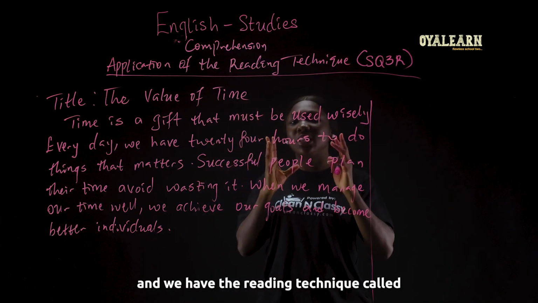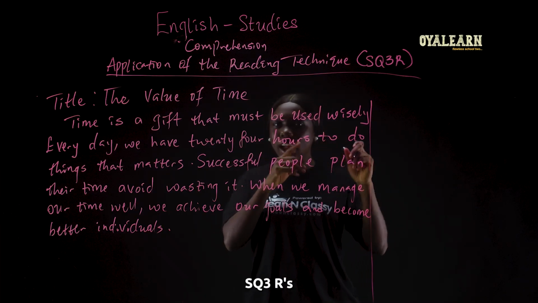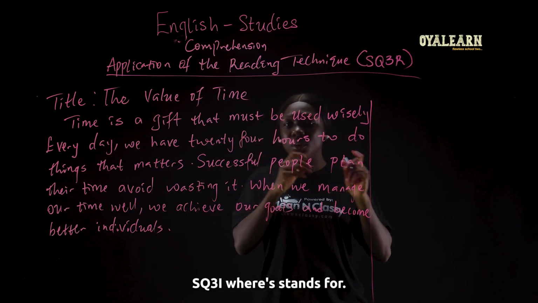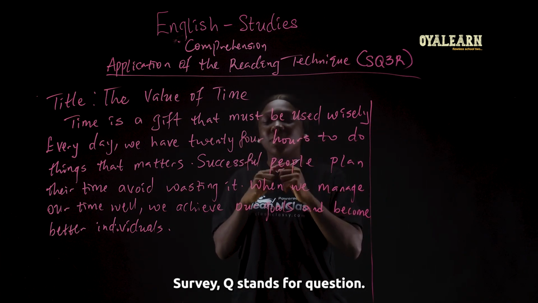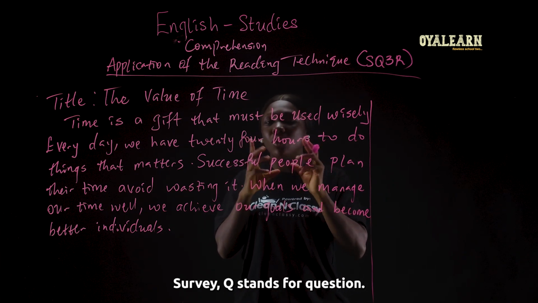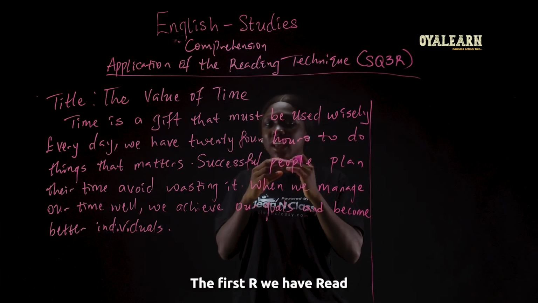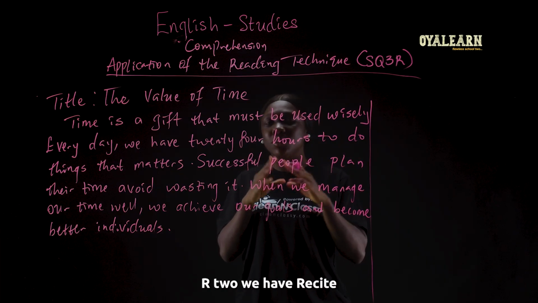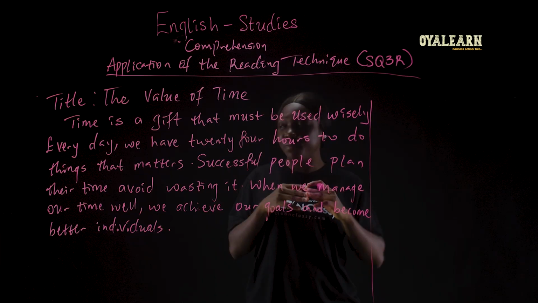And we have the reading technique called SQ3R, where S stands for survey, Q stands for question. Then the three R's: the first R, we have read. R2, we have recite. Then R3, we have review.